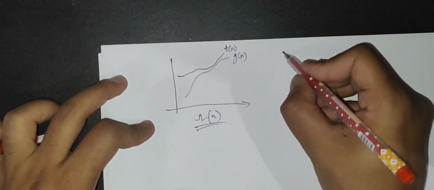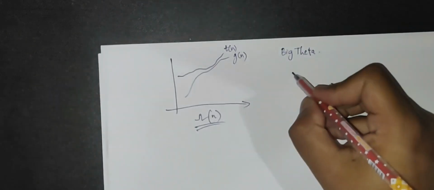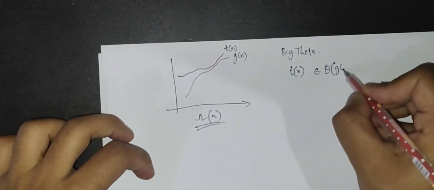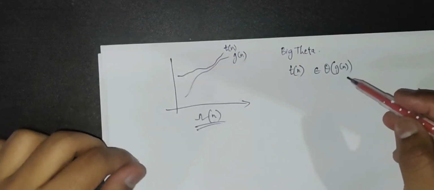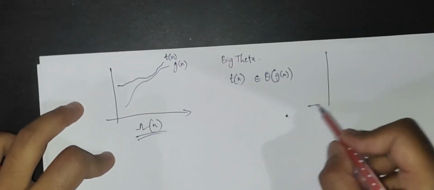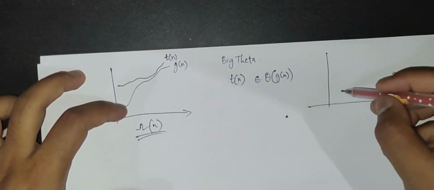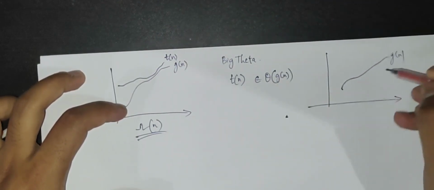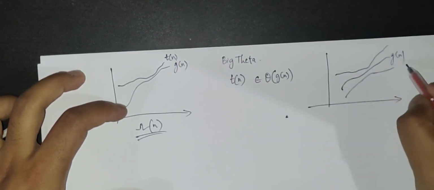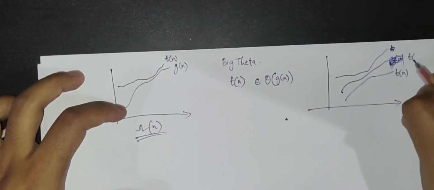Now we can also formally define big theta. We say that t of n belongs to big theta of g of n if it is bounded both above and below by a constant multiple of g of n. Since it has the same order of growth as g of n in the case of big theta, if this is g of n, then this should be our t of n.